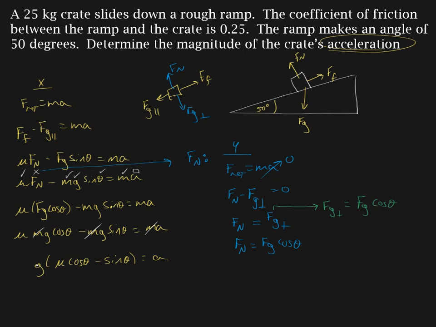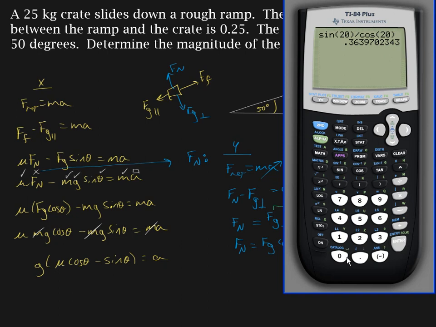So we know g, we know mu, we know theta. So now all we have to do is solve. So we'll get out our calculator here, and we get 9.8 times mu, which was 0.25, times the cosine of 50 degrees minus the sine of 50 degrees.